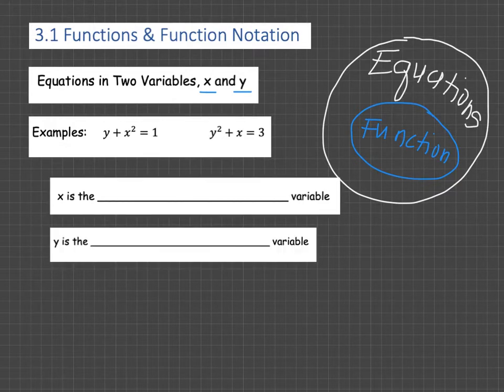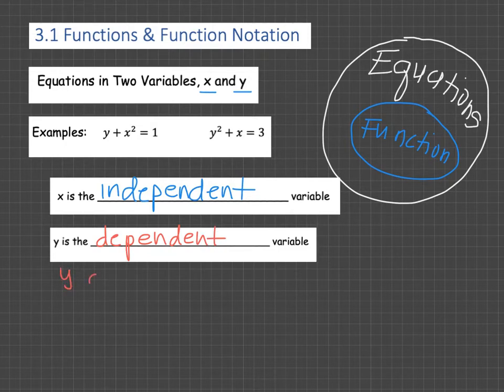In equations with two variables, usually x is what we call the independent variable. Independent has a meaning outside of math, and we can think of that same meaning for x being an independent variable. It just means we can choose what x is, and then y is the dependent variable, and it is going to depend on what x is.